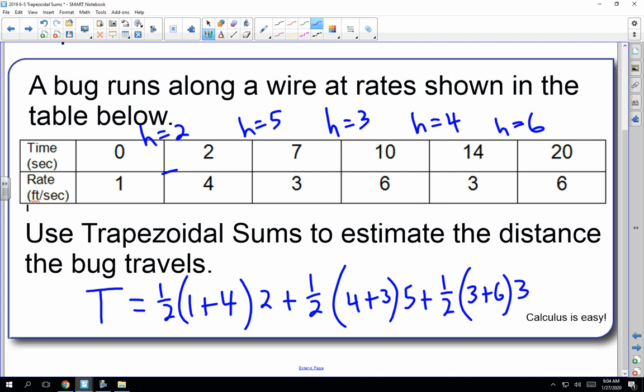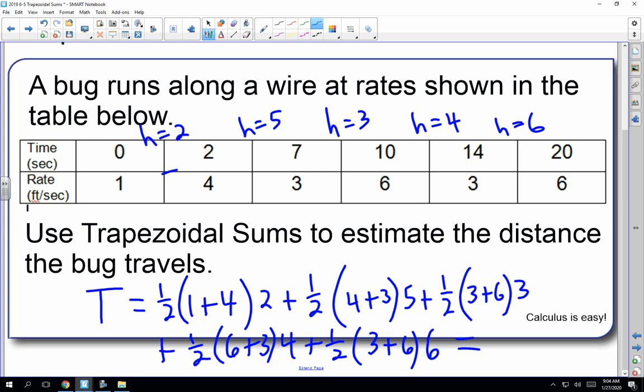And then plus 1/2 of 6 plus 3, and then 4 plus 1/2 of 3 plus 6 again, times 6. And there you go.